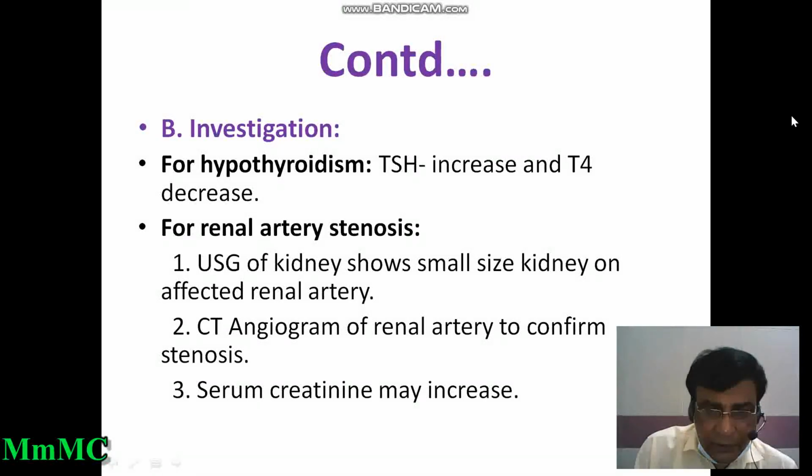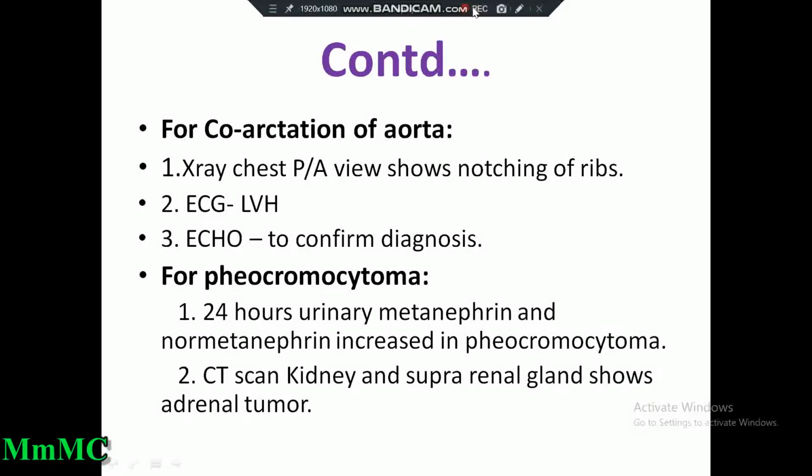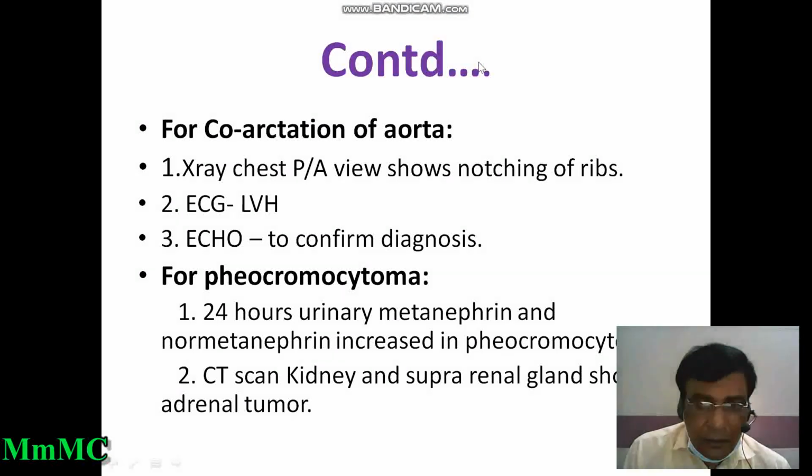And for renal artery stenosis, ultrasonography of the kidney shows a small size kidney on the affected side, and CT angiogram of the renal artery to confirm the stenosis, and serum creatinine may increase. For coarctation, X-ray chest PA view shows notching of the ribs. ECG shows LVH and echo confirms diagnosis.